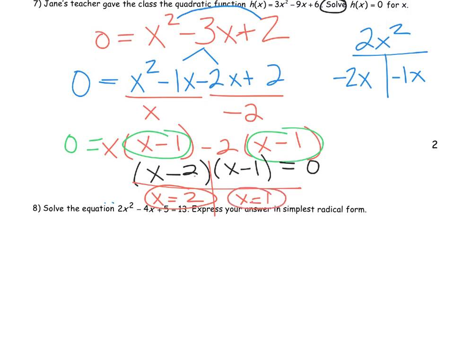We want this whole thing right here to go to 0, and we want this whole thing to go to 0. So if I plug in x to be 2 for the first one, 2 minus 2 is 0. If I plug in for the second one x to be 1, 1 minus 1 is 0, and this works out. Okay, so my two solutions are x equals 2 and x equals 1.